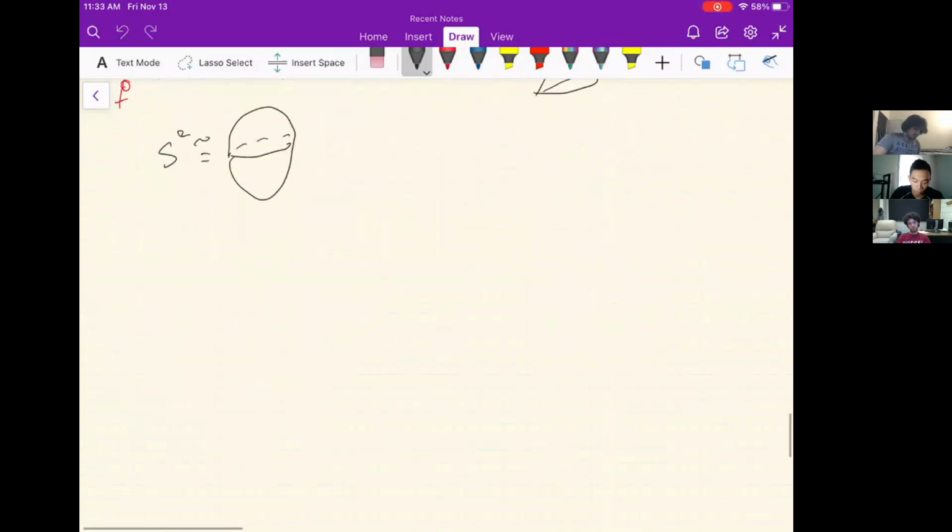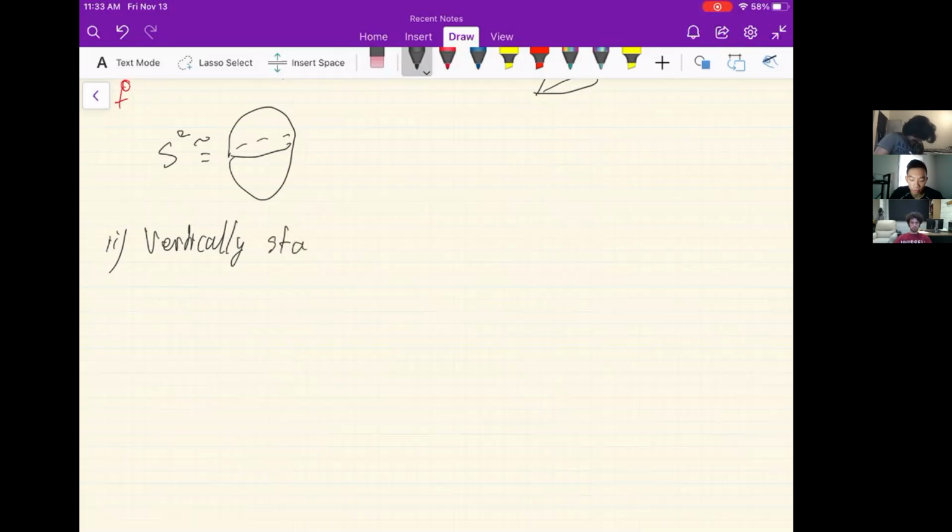Okay, now let's consider a vertically standing torus. Basically, it is the favorite example in Morse theory because you have all possible indices. You have a max, a min, and the saddle points. And because it's easy.